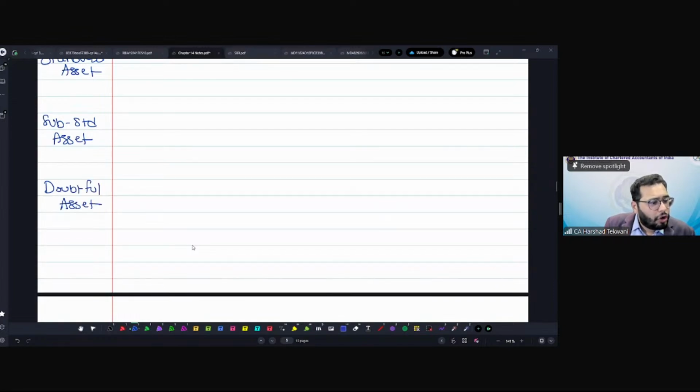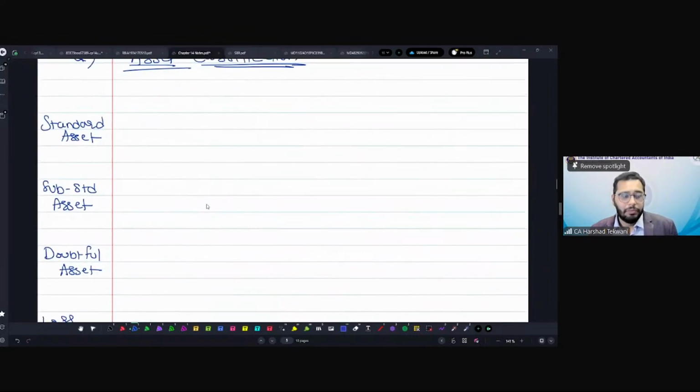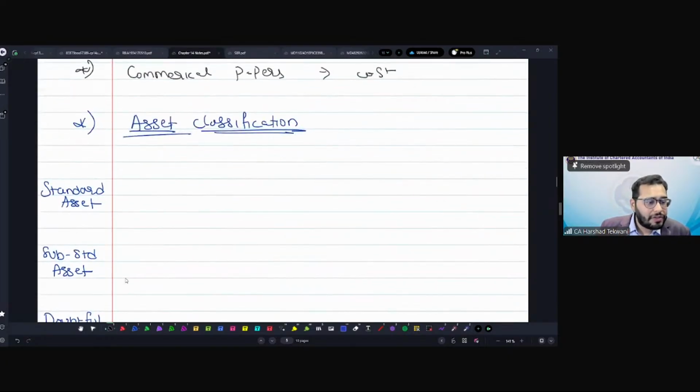And fourth is your loss asset. So these are the 4 categories for asset classification. Now, base layer has a different definition than the middle layer. So I will first discuss the base layer.